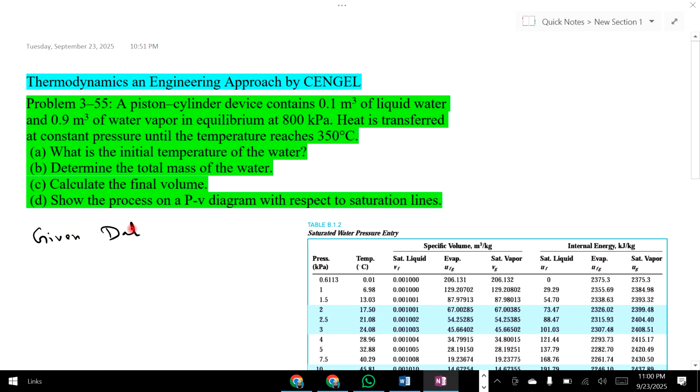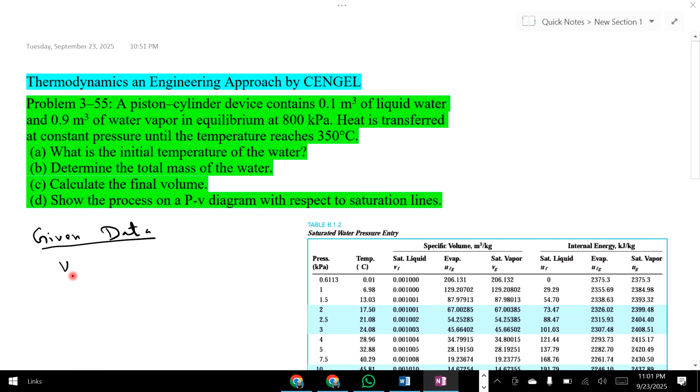Initially there is a liquid and vapor mixture, in which the volume of liquid is 0.1 cubic meter.